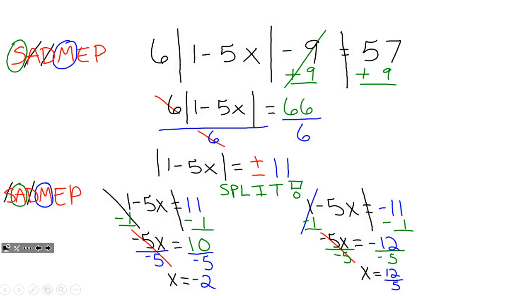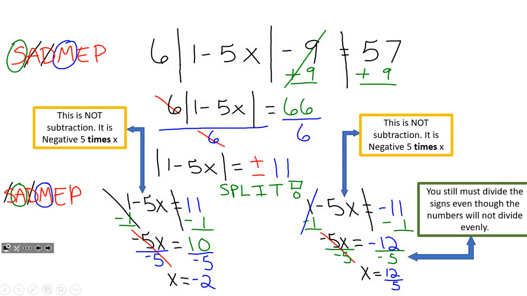So want to bring to your attention some things here. 1 minus 5x is technically not subtraction in this case. It is technically -5 times x. So I would not add 5x to both sides as some of you might have done on your paper. This is -5 times x, so I will not touch this initially because it's technically multiplying by a negative.